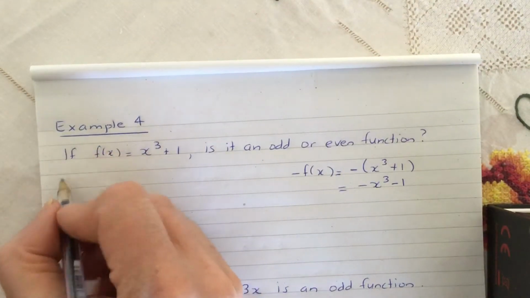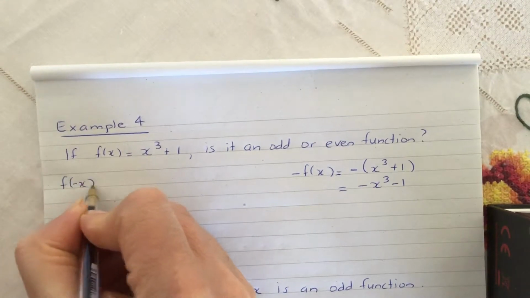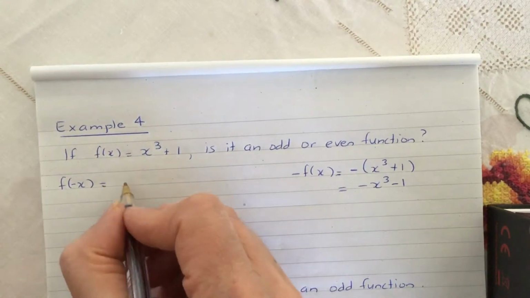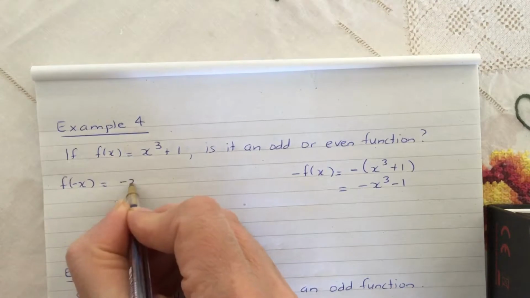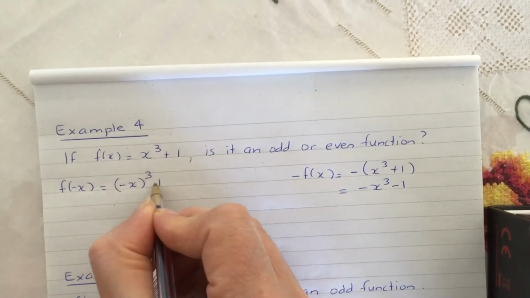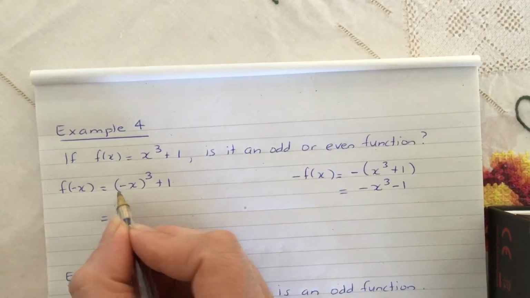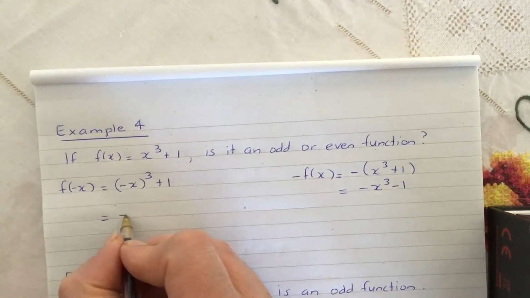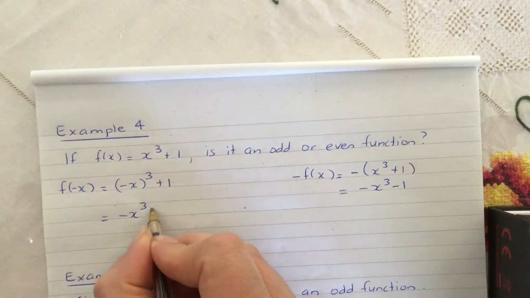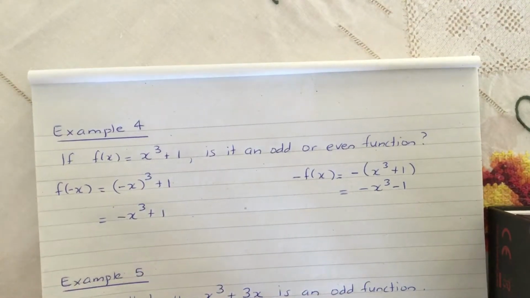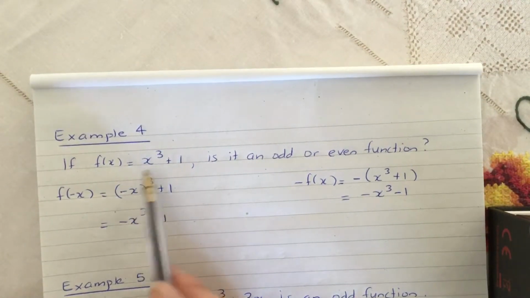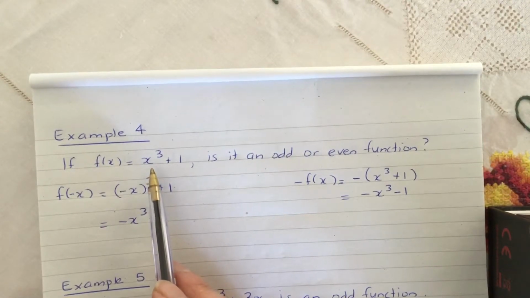Let's find out. Again, f of minus x, do the substitution, all right, is equal to minus x all cubed plus 1, all right? And then minus x times minus x times minus x happens to be minus x cubed plus 1. Okay, is this the same as this one? No, so it's not even.